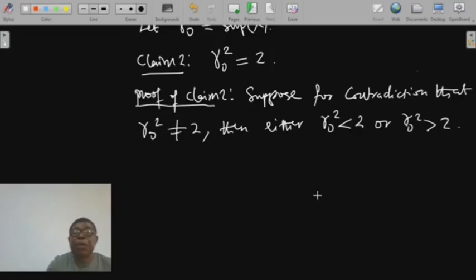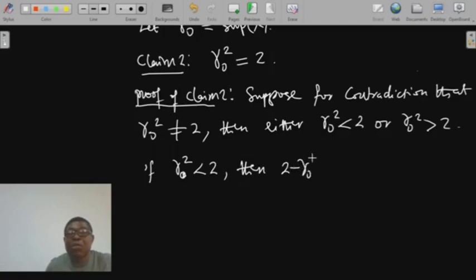Now, if gamma naught squared is less than 2, then 2 minus gamma naught squared will be bigger than 0. This is what we'll get. Now, let epsilon greater than 0 be given.